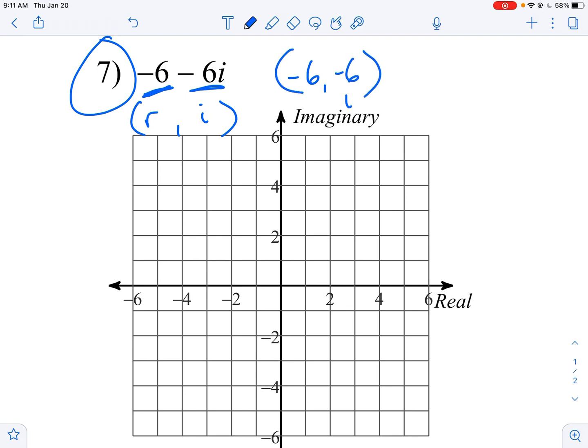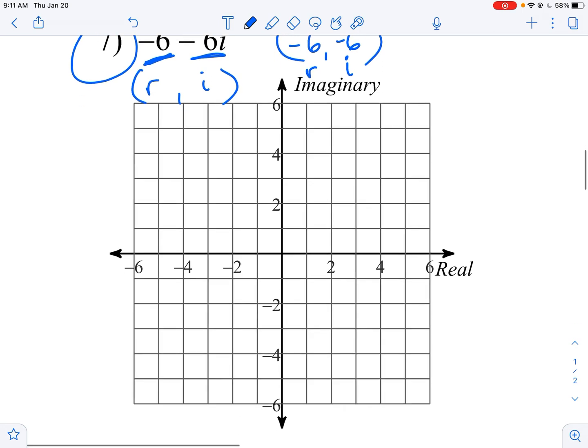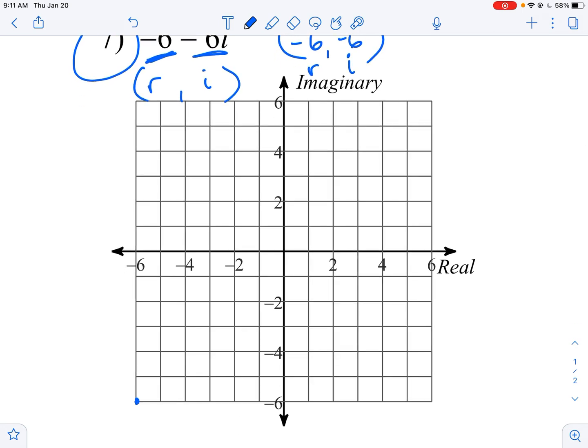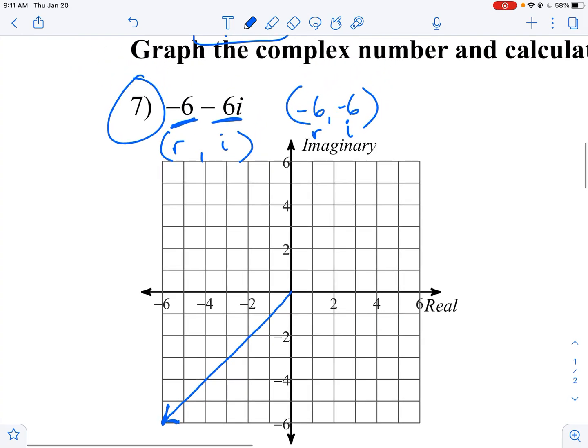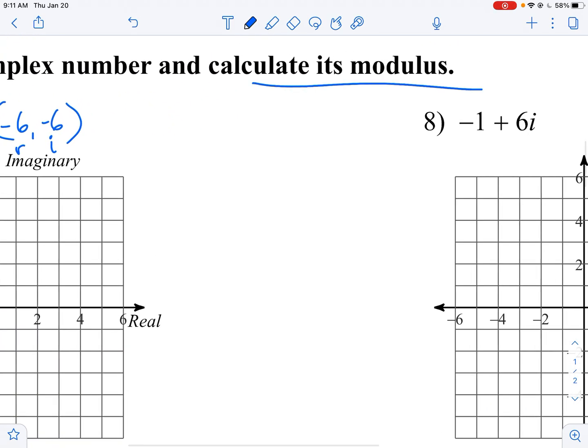But the second -6 is an i value, imaginary number value, and this is the real value. And we graph these as vectors. So we're going to go left 6 and down 6, which is down here in the bottom left corner. We're going to draw a vector that goes to it, just like that, and it ends there. And ta-da, we have graphed the complex number, but we also need to calculate its modulus.